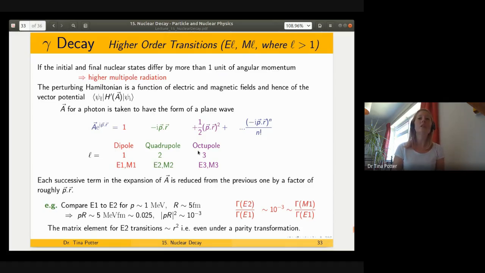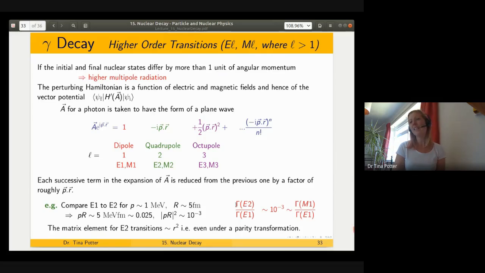If we do this, let's compare the quadrupole electric transition to the dipole electric transition here, E2 to E1. If we do that, we'll find we've got an additional factor of p dot r, which gives us roughly p dot r squared in our matrix element, which we know is about 10 to the minus 3.